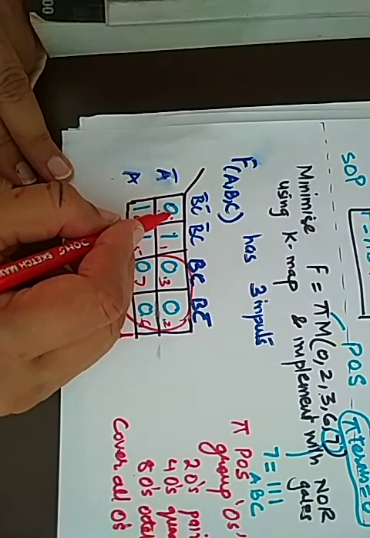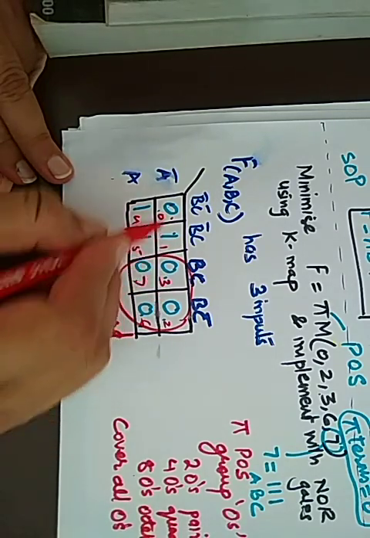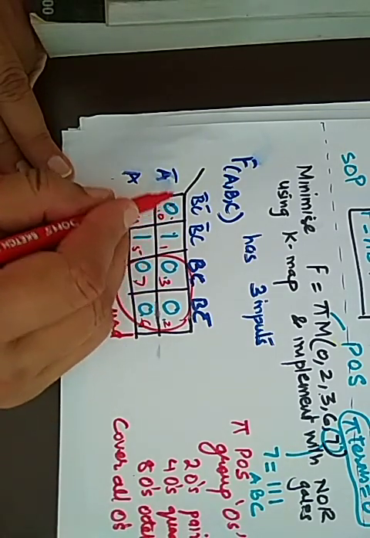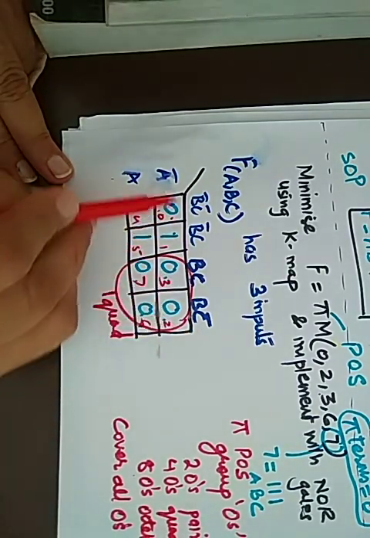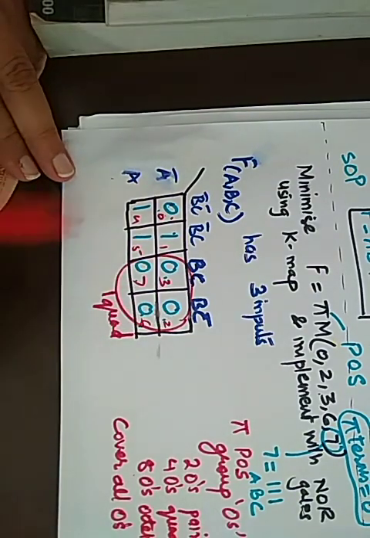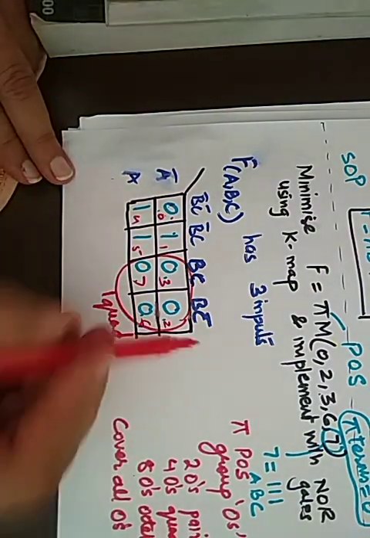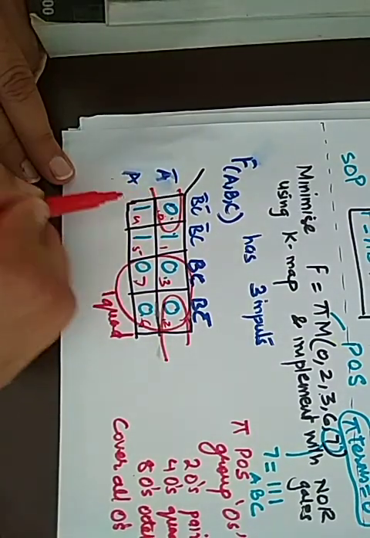Let's try to put it in a 4 zeros group. We cannot. Let's try to put it in a group of 2 zeros, a pair. So yes, we see that this K-map can be folded and this 0 and this 2 can be paired together. So we say that this 0 from this side and this 0 from this side.